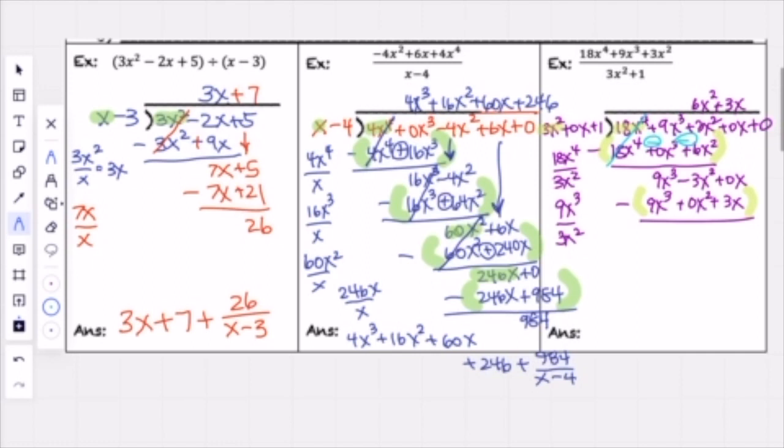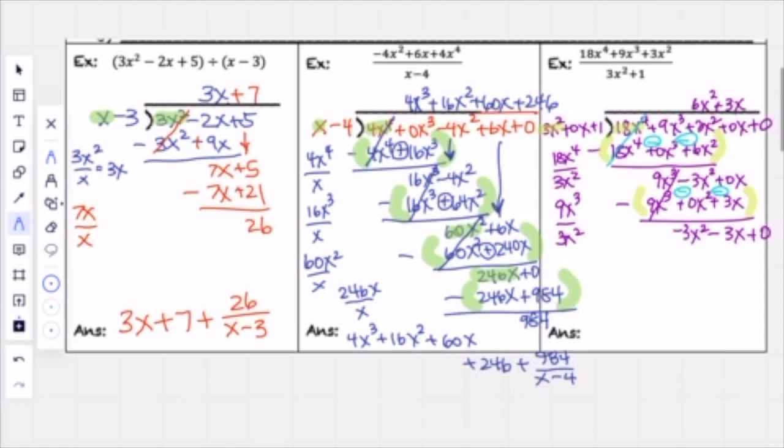The negative stays in place and the 9x cubed, but this is going to become negative. This is going to become negative. And now when I subtract, I've got 9x cubed minus 9x cubed. Negative 3x squared minus 0x squared is negative 3x squared. And 0x minus 3x is negative 3x. Bring down our last term, a plus 0.